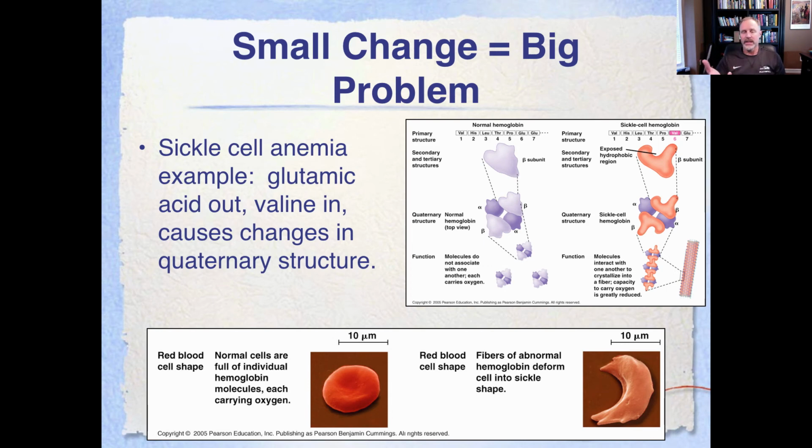Well, with sickle cell anemia, if we have one error, for instance, in that 6th position, you can see on the right there where sickle cell hemoglobin has valine substituted in instead of glutamic acid. So there's one difference in the letters, the A, T, C, and G. There's one difference in the letter, and it codes for valine instead of glutamic acid. And what that results in is a conformational shape change in the actual protein in that beta globin molecule.